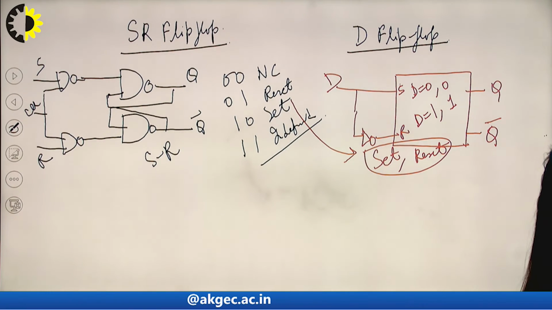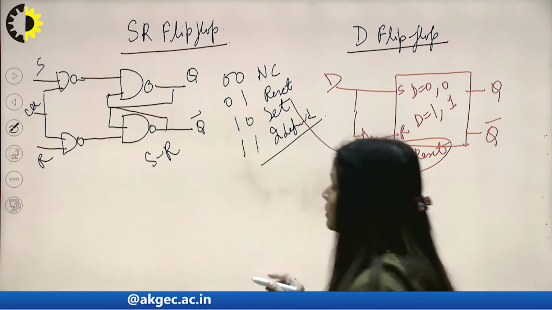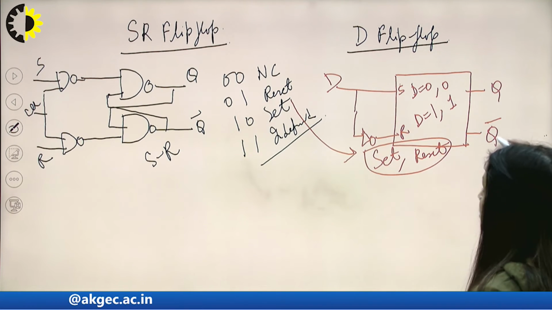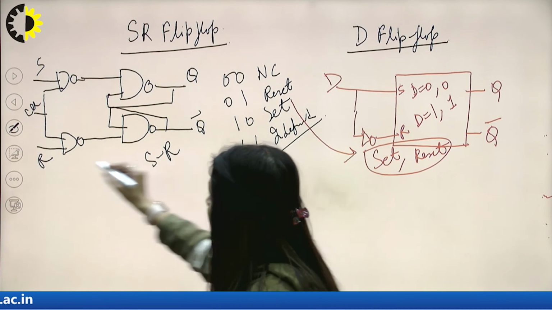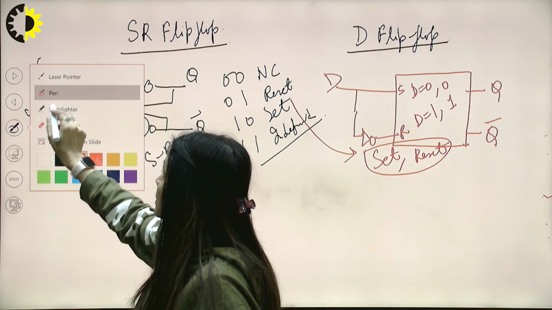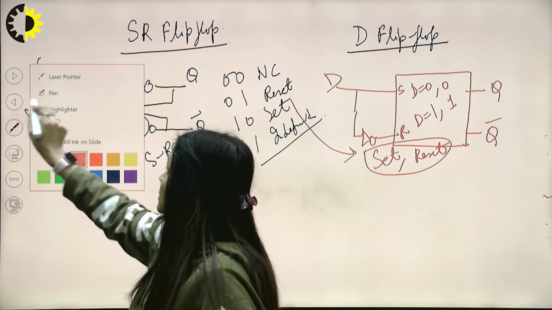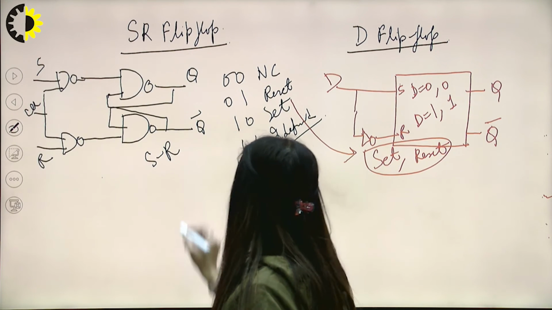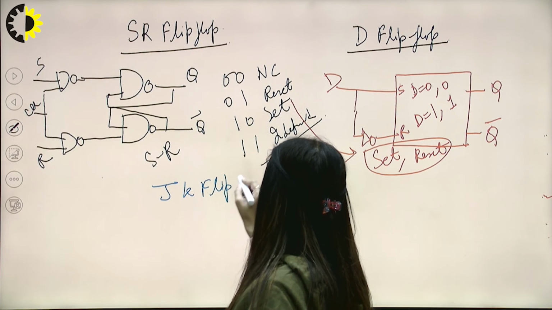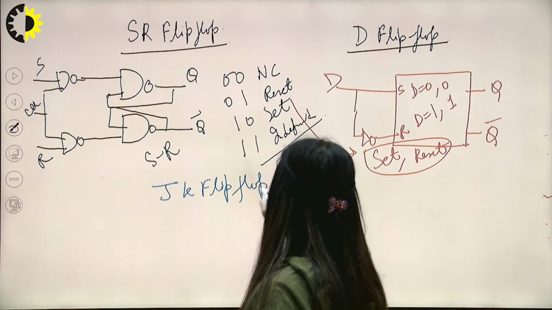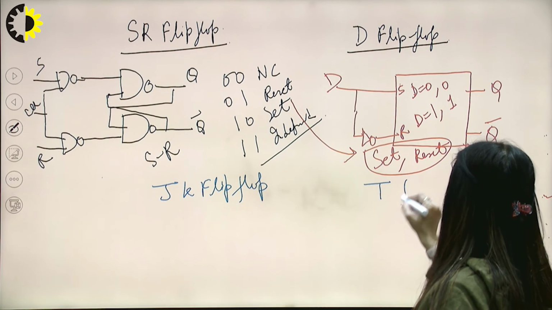Similarly, for the SR flip-flop and D flip-flop, the next one is the JK flip-flop and T flip-flop, right?